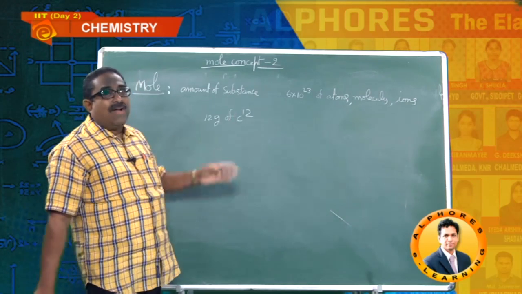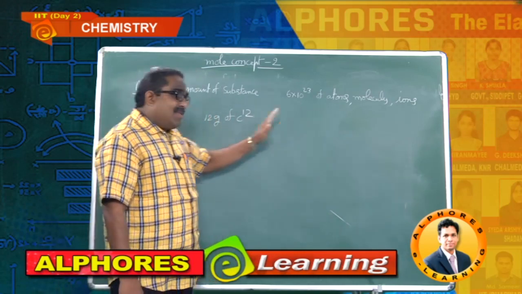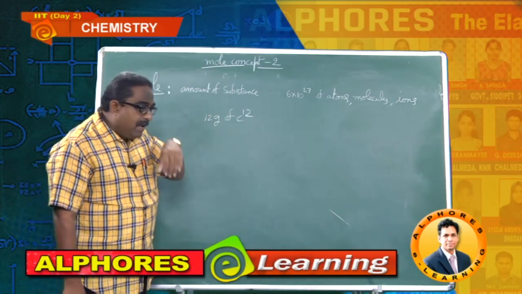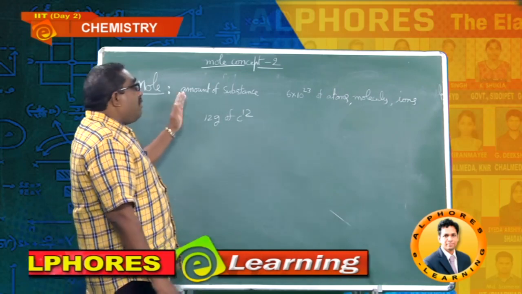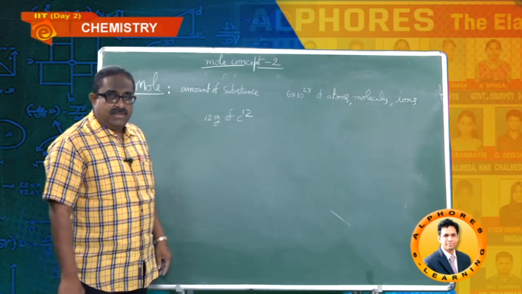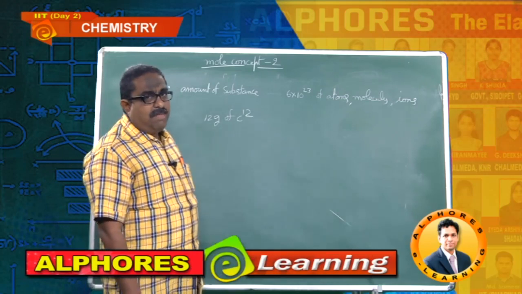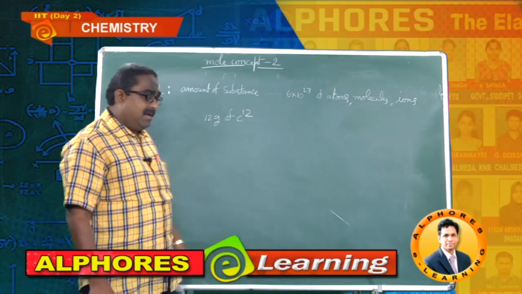Nothing but again the Avogadro number. So, in either of these two ways you can define mole. Finally, what is the mole, students? Yes, mole is the amount of the substance which contains Avogadro number of chemical entities like atoms, molecules or ions.